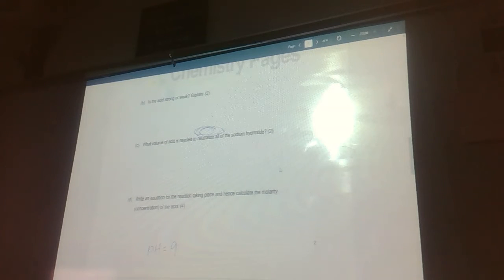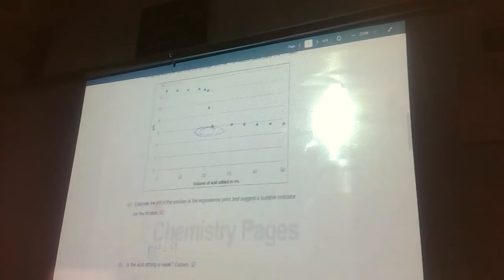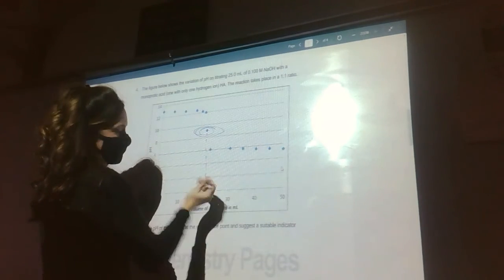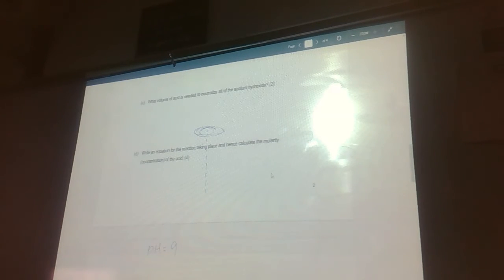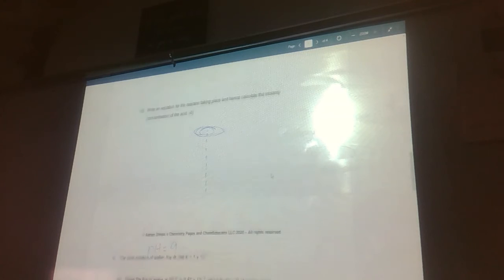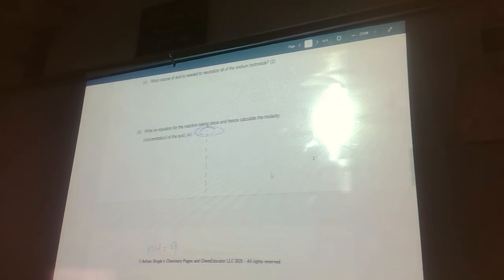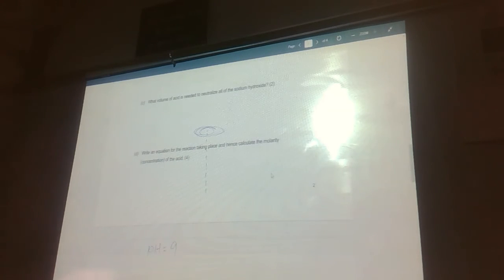What volume of acid is needed to neutralize all of the sodium hydroxide? 20, 21, 22, whatever. And then write an equation and find the molarity.